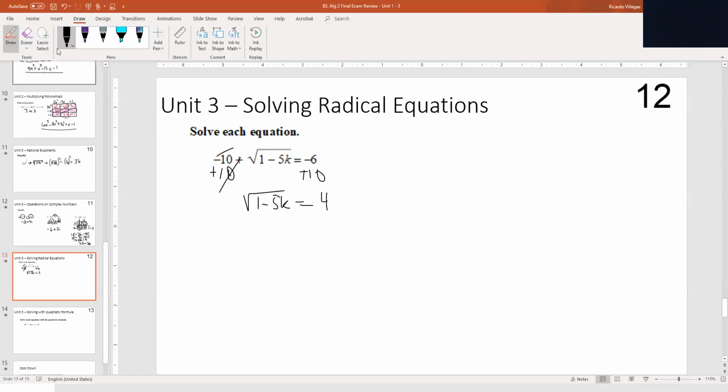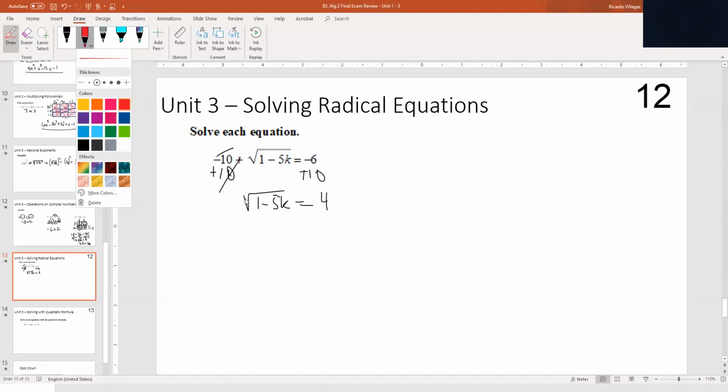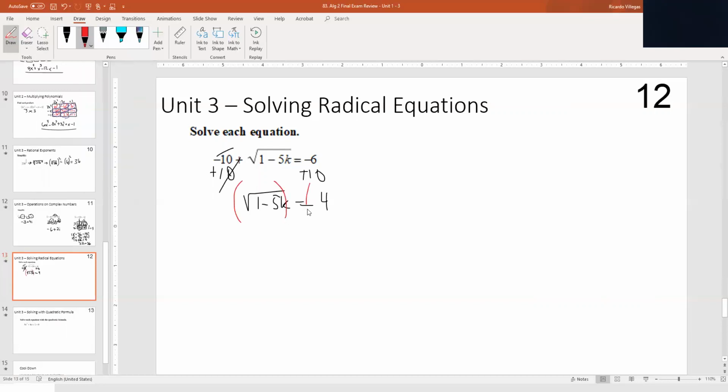Now, this is the part where you all have to remember the rule. So the rule is if you have a square root, how do we get rid of the square root? We get rid of the square root by squaring both sides, because the square and the square root are inverse operations of each other. So we end up getting 1 minus 5k is equal to 16.